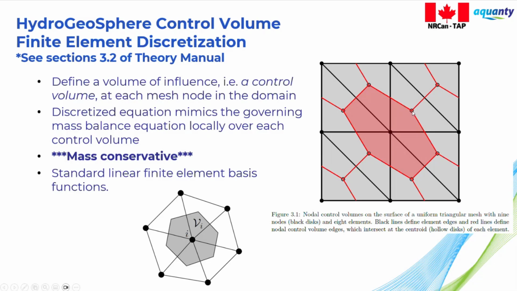And the solution is spatially discontinuous over this red shaded area. Given that the solution is applied directly at these nodes and interpolated between neighboring nodes, you have a lot of spatial variability in the solution.